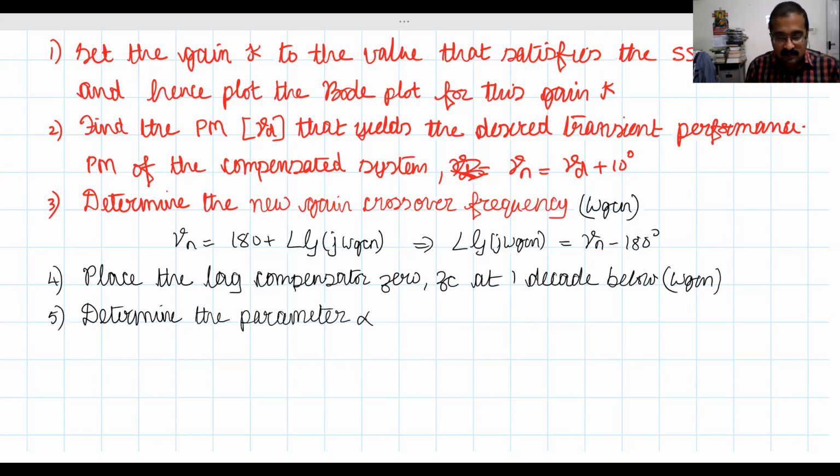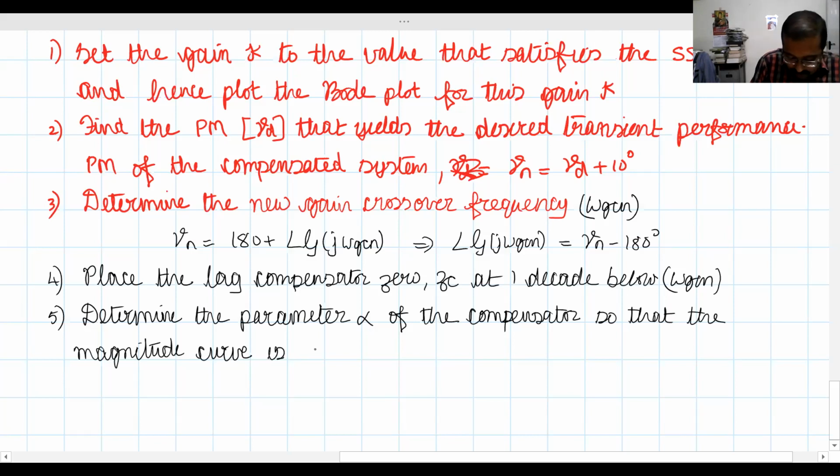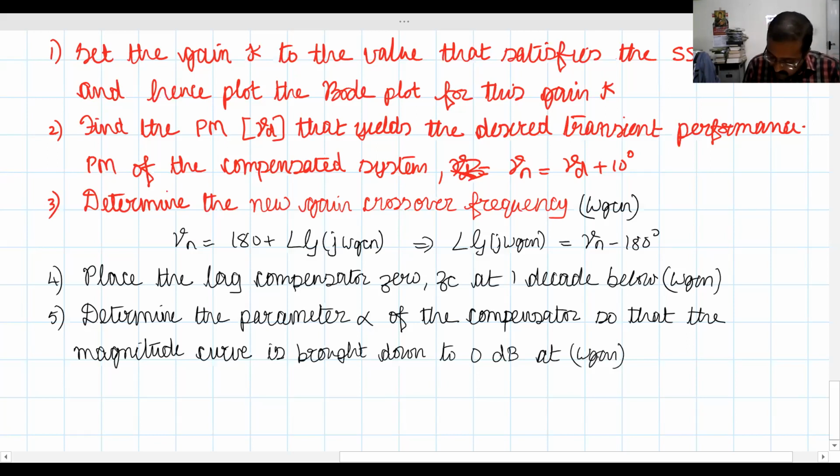So determine the parameter alpha of the compensator so that the magnitude curve is brought down to 0 dB at omega GC.